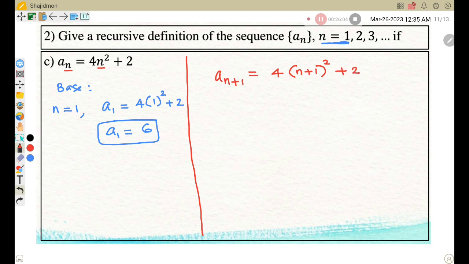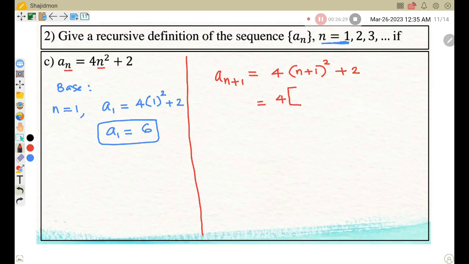Now just expand here, 4 times n plus 1 whole square. You know what is a plus b whole square, correct? a plus b whole square means a square plus 2ab plus b square. So just apply that here.